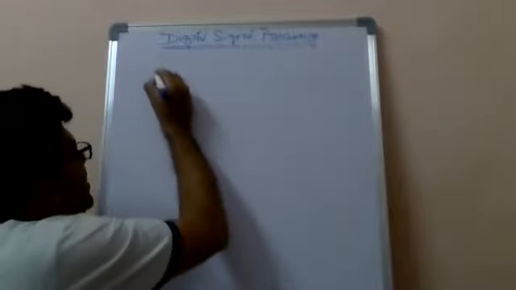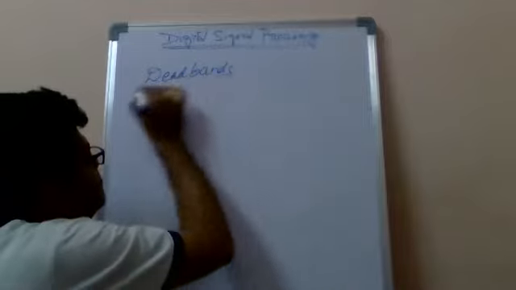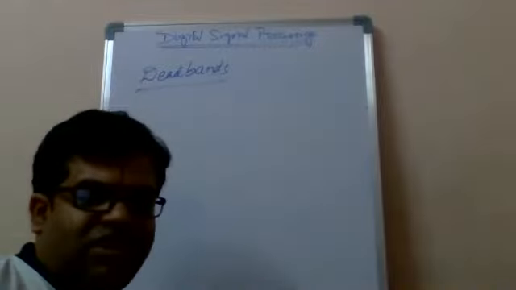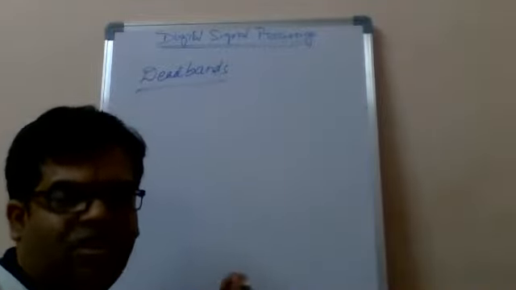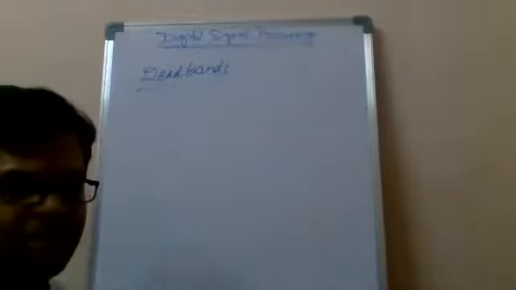One more important point that we have to observe is the dead bands. Now, what are these dead bands? As I have told you, with limit cycle oscillations, either zero input limit cycle or overflow limit cycles, there will be a maximum value of amplitude and a minimum value of amplitude. Your oscillations will be between a maximum value and a minimum value.